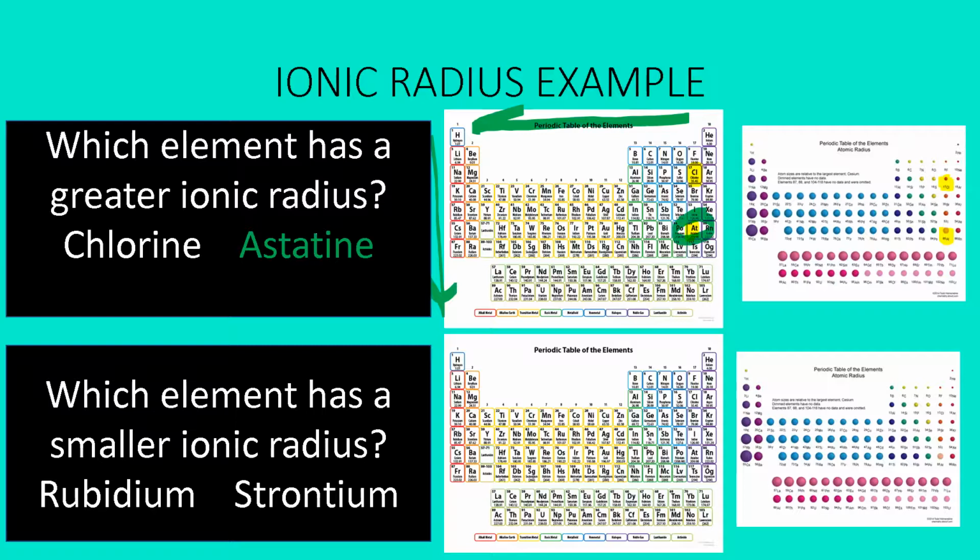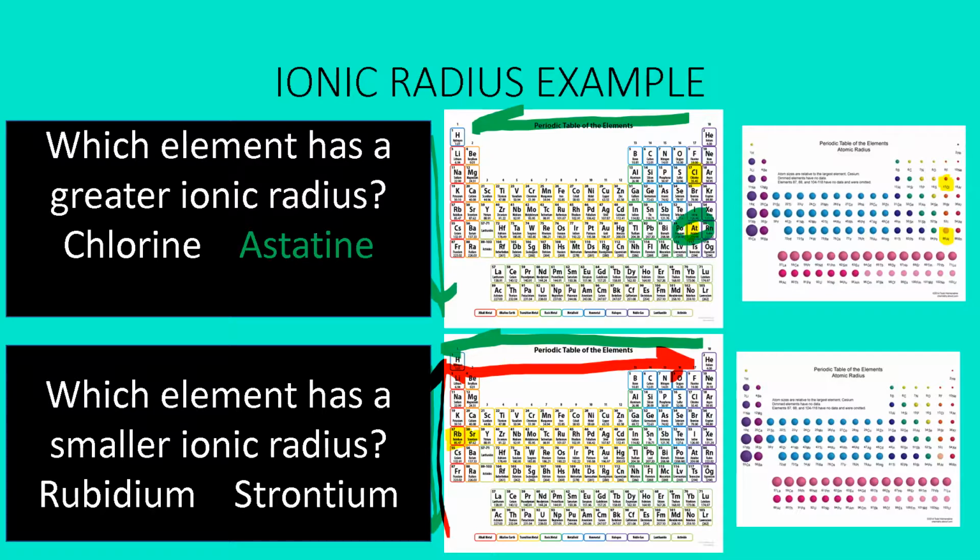Now, which element has a smaller ionic radius? Is it going to be rubidium or is it going to be strontium? Rubidium is over here, 37, and strontium is 38. And since it increases this way, that means it's going to decrease this way.